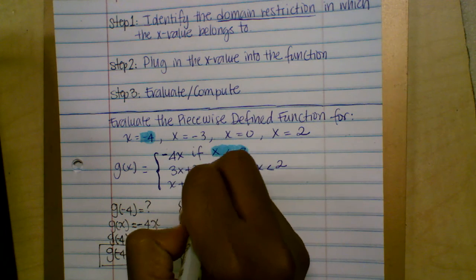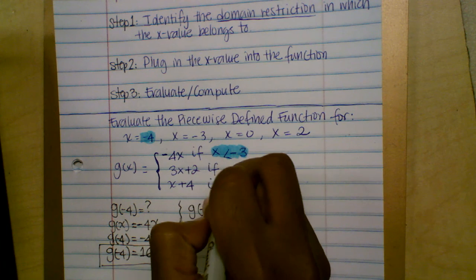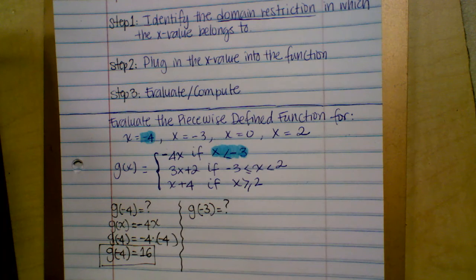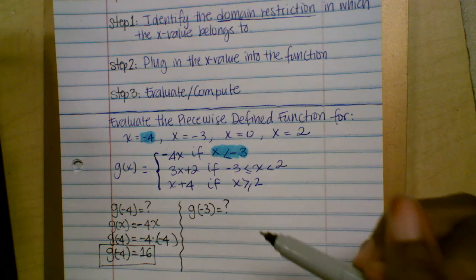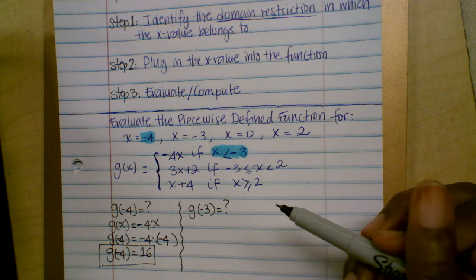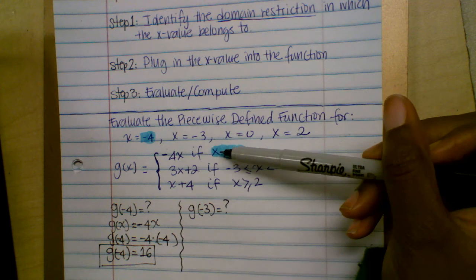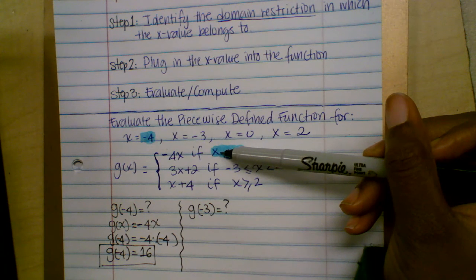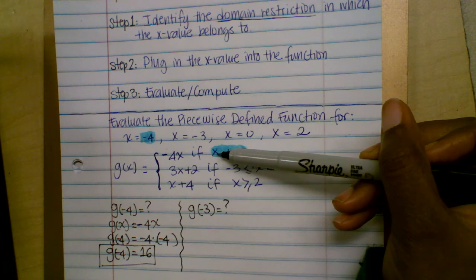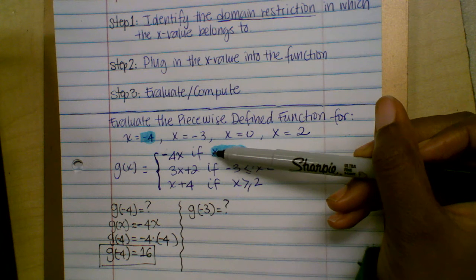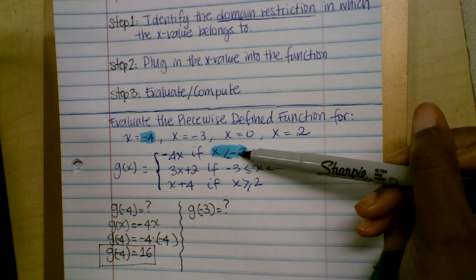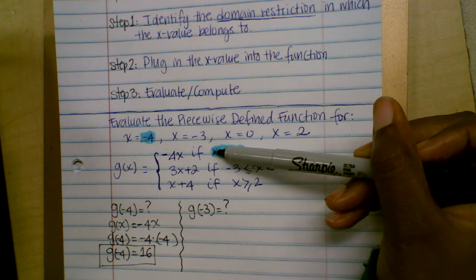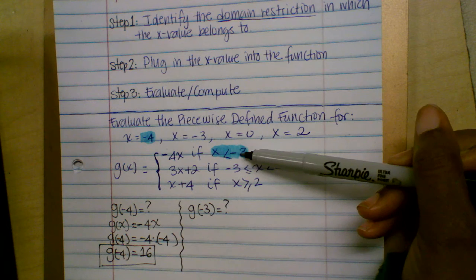What is g of -3? Okay, so you need to identify the correct domain. Can I use the first domain restriction, the first inequality? Remember, -3 is not less than -3. If I plug -3 here, -3 is equal to itself.